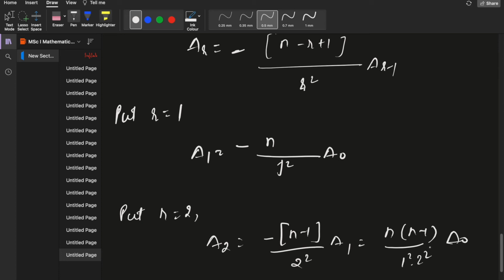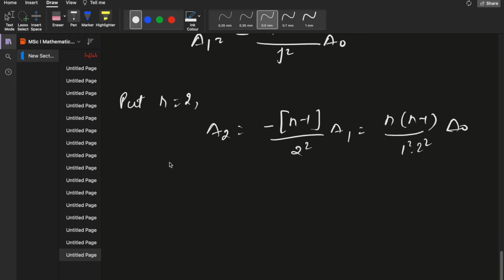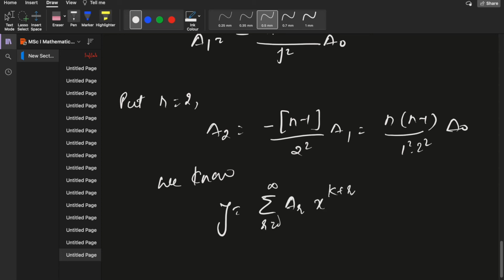Alright. Now if you remember, we have all the coefficients a1, a0, a2 and so on, so we can calculate further. We had assumed y as summation r tends to 0 to infinity ar x to the power k plus r.